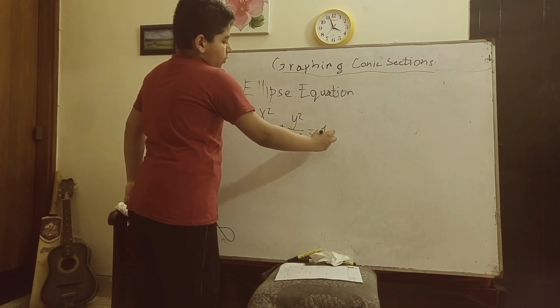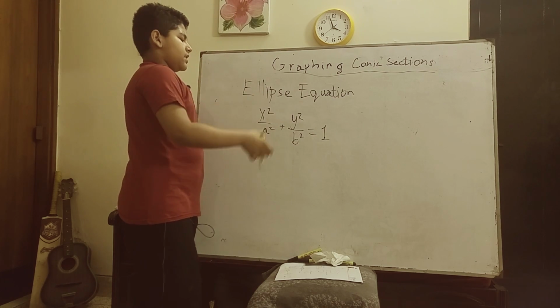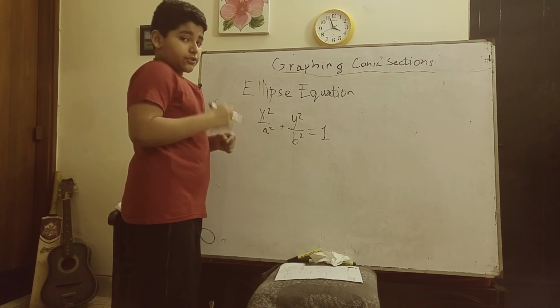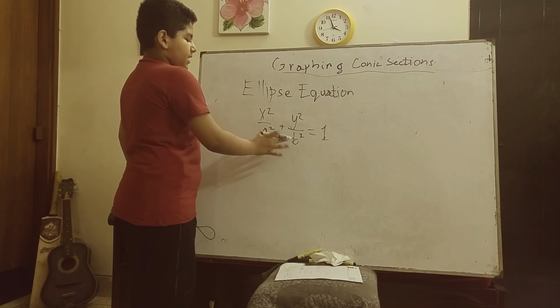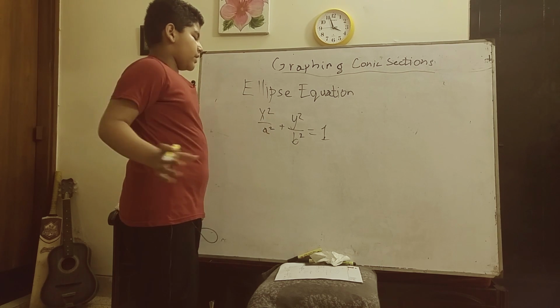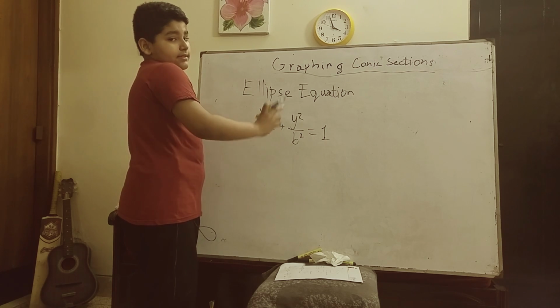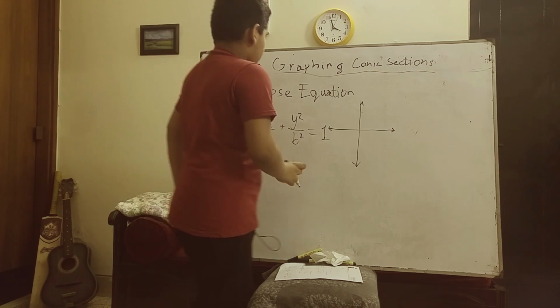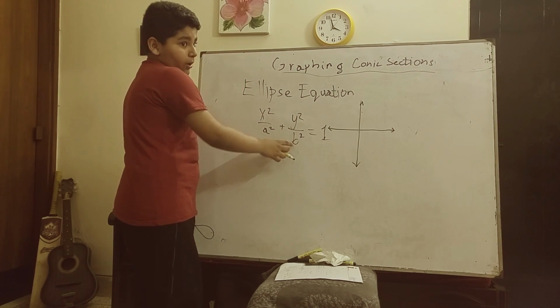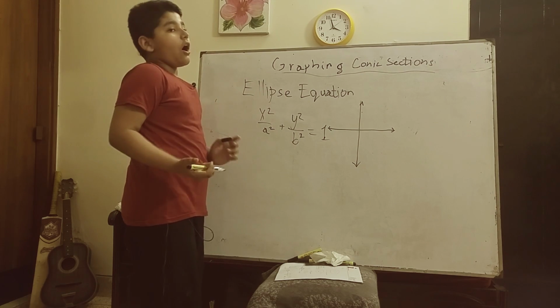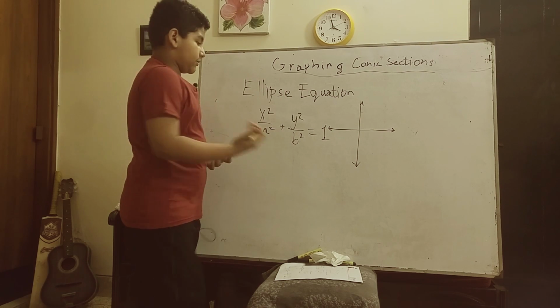This is the equation of the ellipse, pretty similar to the circle equation, but the a and b variables are the axes. A is the major axis and b is the minor axis. So these aren't center points as the other variables are in the circle equation.